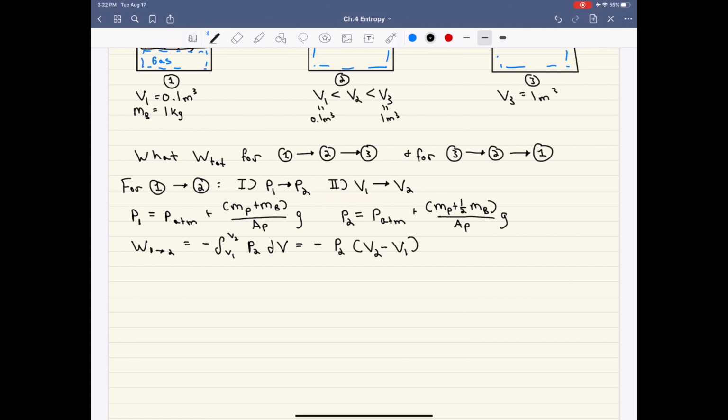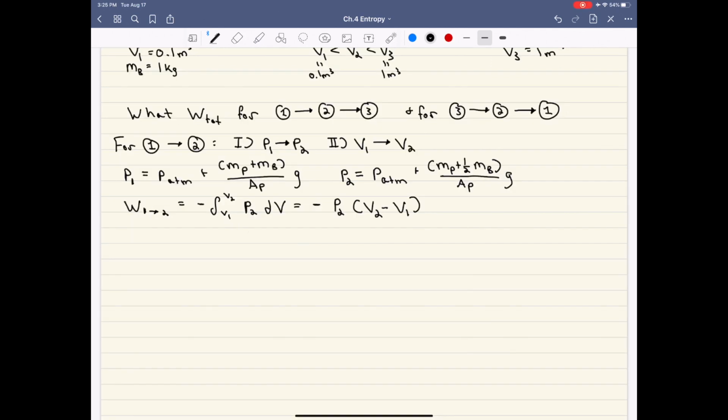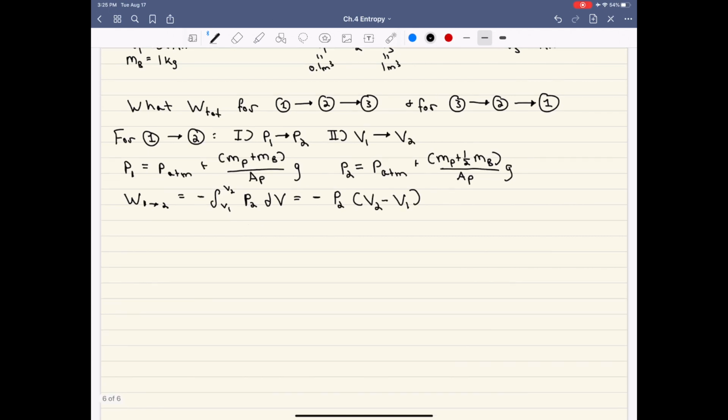Okay? And then, when we go from state 2 to state 3, we could also split this up into 2 steps, where we first change the pressure, and then we change the volume.